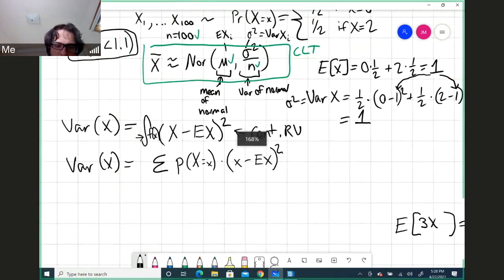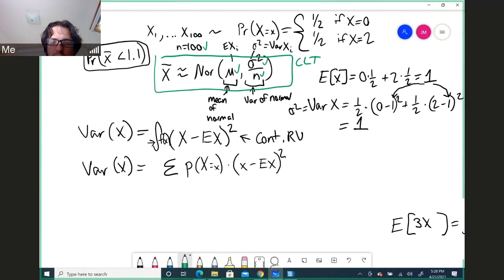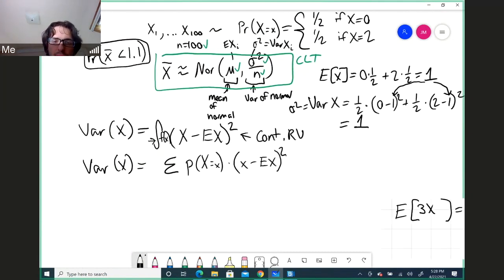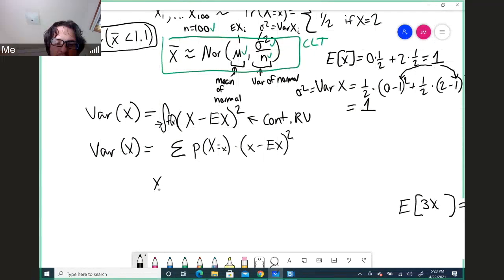And therefore, we also have this thing as well. So now we can actually say that our X bar, which is our sample mean, is distributed as a normal random variable with mean of 1 and variance of 1 over, I guess n is equal to 100, so 1 over 100, like that.